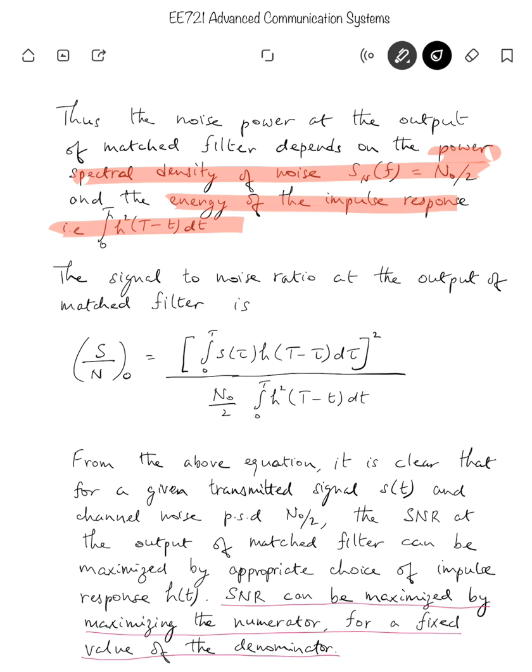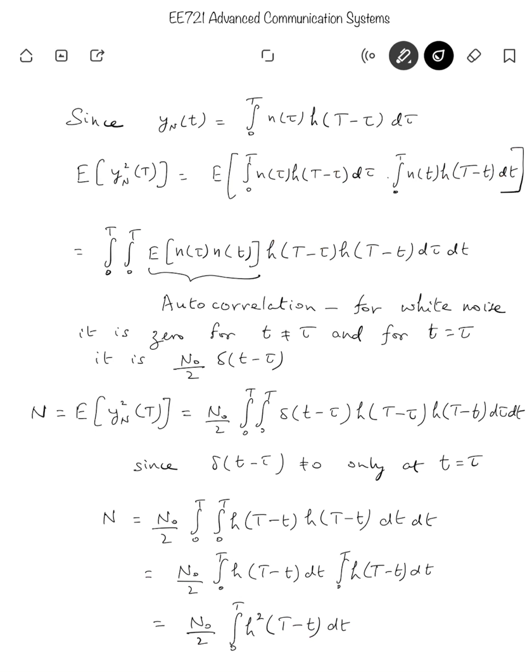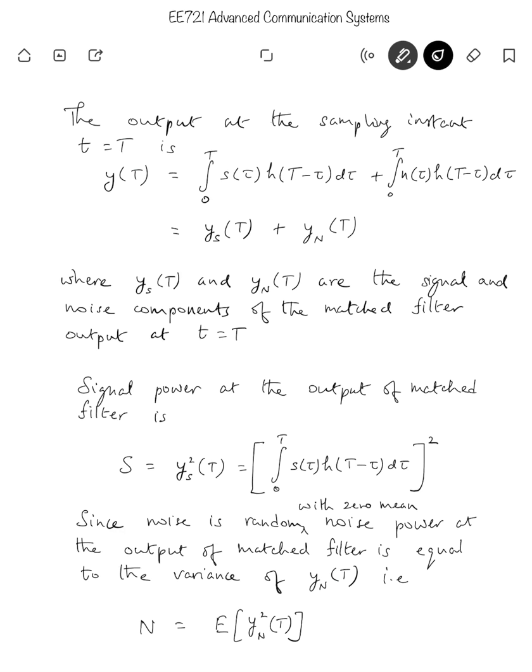Now we are interested in the signal to noise ratio. We have the signal power given by the square of this integral, which is y_s square of t, and we have the noise power given by the previous equation we just saw. So this is our noise power, and this is our signal power. We want to find the ratio of the signal power to the noise power.